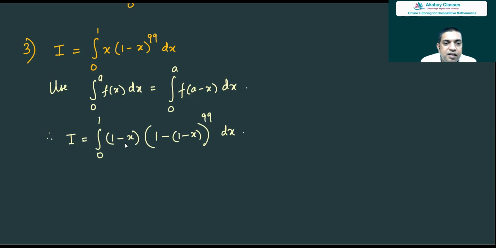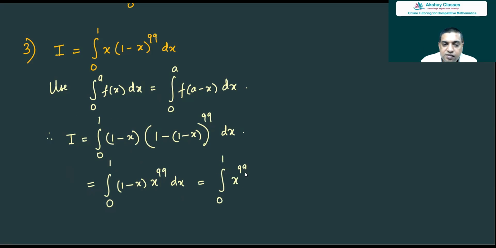I have replaced x by a minus x. So integral 0 to 1, 1 minus x, 1 minus 1 becomes 0, minus into minus becomes plus. I get x power 99. I have avoided the entire binomial theorem expansion. Now this becomes very simple.